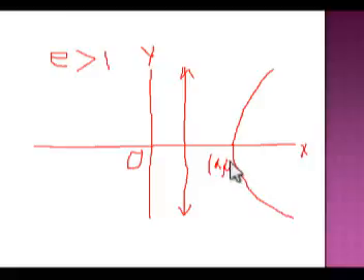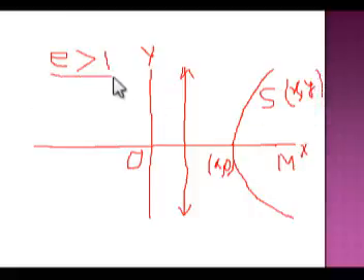Now the fixed point will be taken as the focus of the hyperbola. So this is the focus M, and any variable point we will take here. This is S, with coordinates x, y. Any variable point arises with different values of x and y under the condition of eccentricity greater than 1.